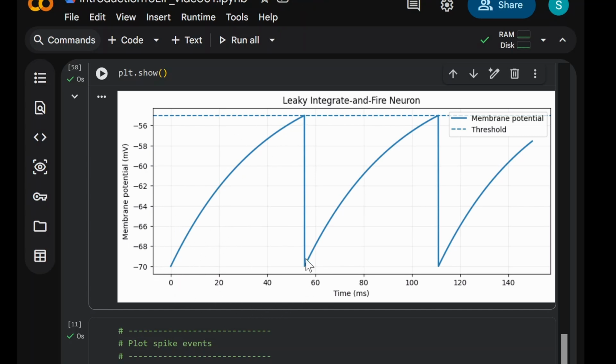Now because of larger tau of m, it reaches almost near 60 milliseconds before it hits the threshold. So that will explain the time constant. It basically works like a capacitor. You have larger capacitance, it will take longer for the spike to happen. If you have smaller time constant, smaller capacitance, it will take smaller time for the same spike to happen.